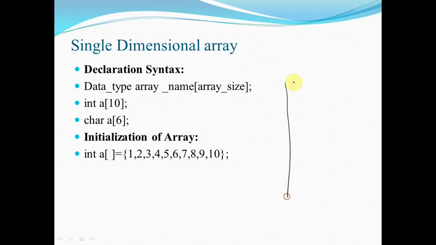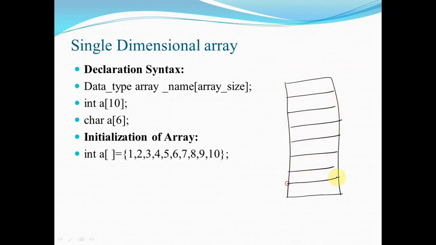It is a continuous memory allocation: 1, 2, 3, 4, 5, 6, 7, 8, 9 and 10. Here is the data that you want to store in your array, and the positions or indexes are given by a of 0. Always remember that the array index always starts from 0 and it will end with n minus 1.